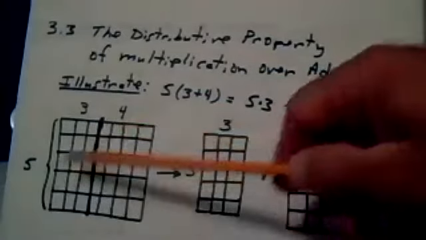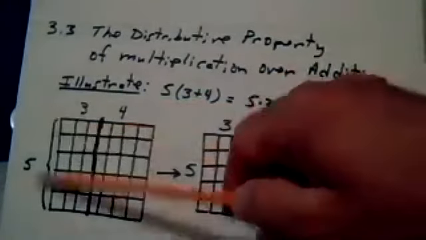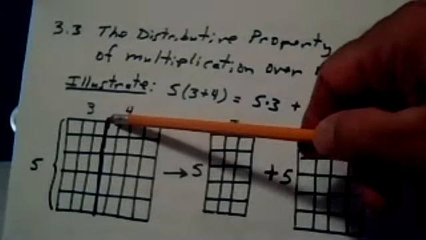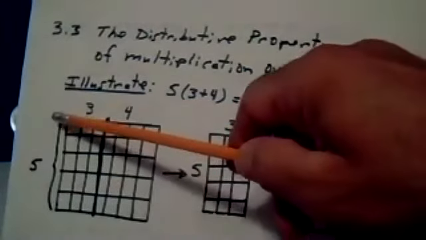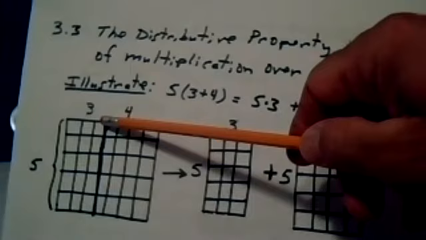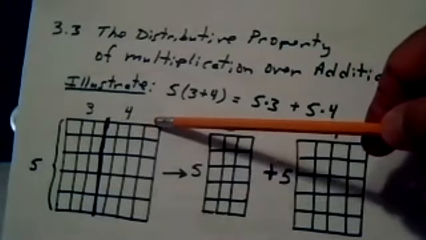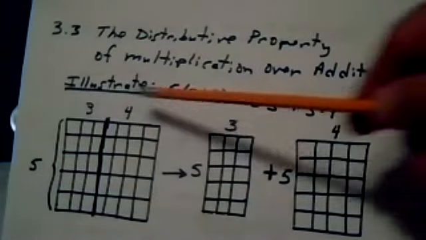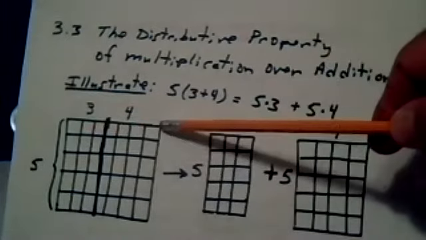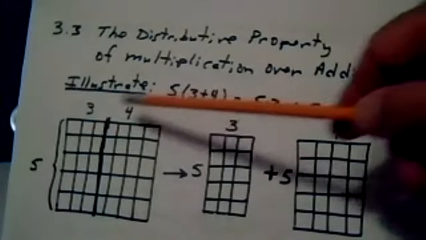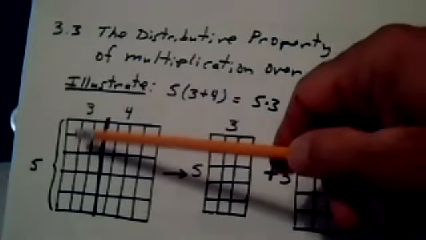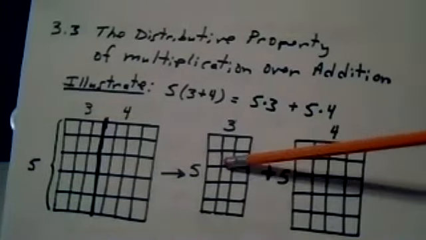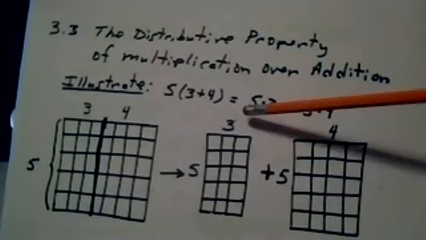So take a 5, there's 3 here, there's 4 here, so 5 vertical, 3 horizontal, and then 4 more horizontal. So notice 3 plus 4 would be these 3 plus these 4. If you were to actually break them up into 2 parts, the original diagram, the 3 will still be here and the 5 would be here.